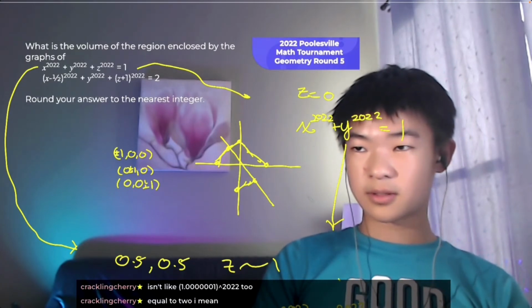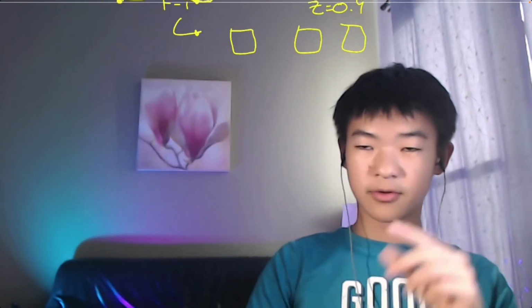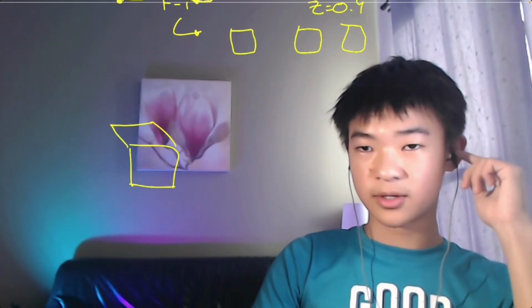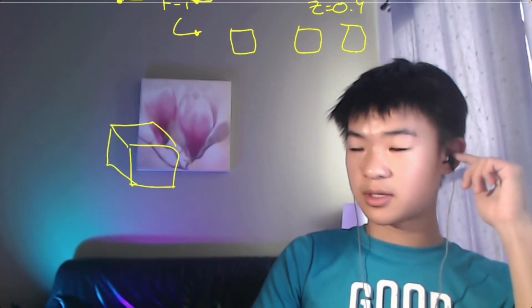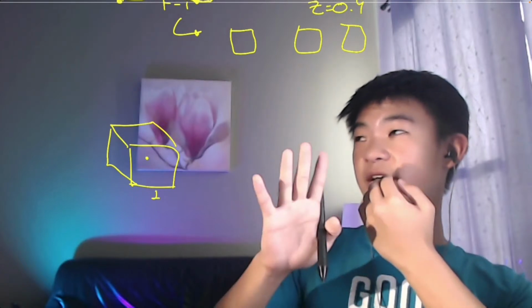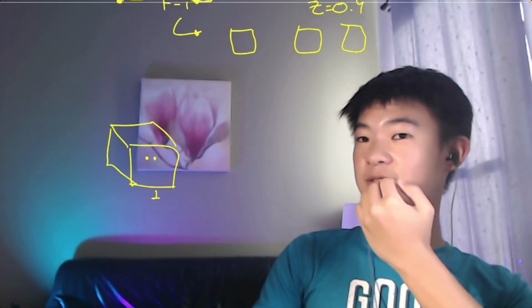So let's see. What if we just say that they're both cubes? We have, this is a 2 by 2 by 2 cube, the first equation. And then the second equation, this is the center. You moved it via x by half. That'd be something like this. And then y via 2.